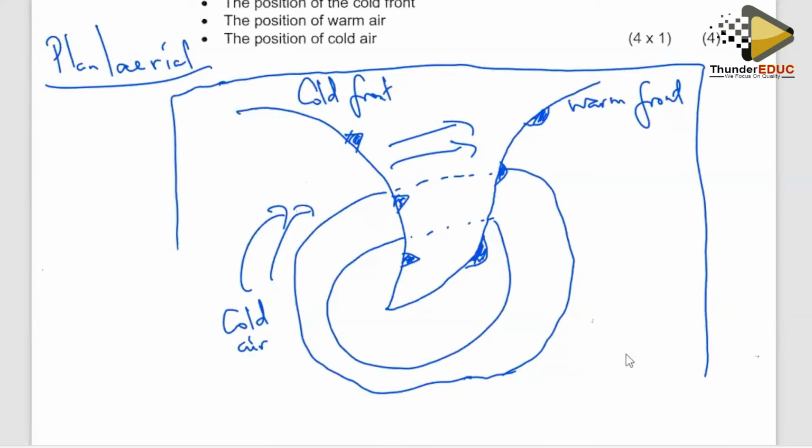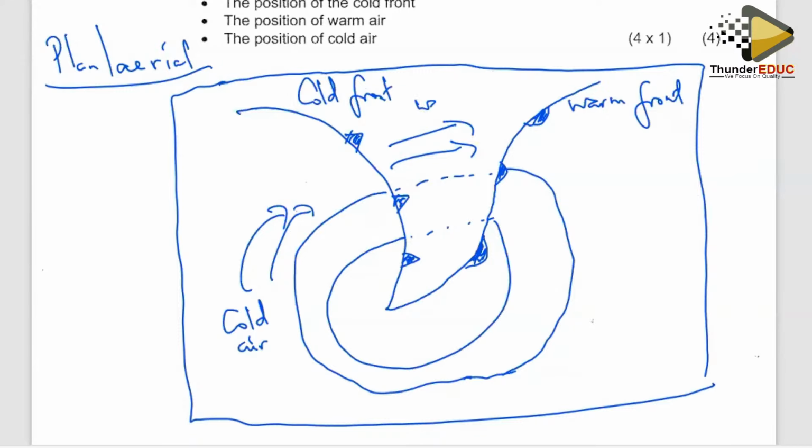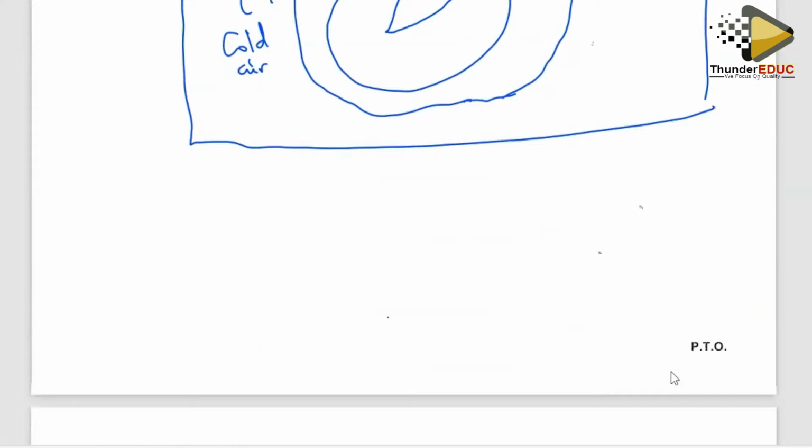What is important is you're supposed to indicate something like that to show your warm front and your cold front and the section with cold air. So this is our home sector, which is narrowed because our weather system has reached maturity. Our home sector is narrowed in that instance. That is what you're supposed to draw for that particular question to get your 4 marks.